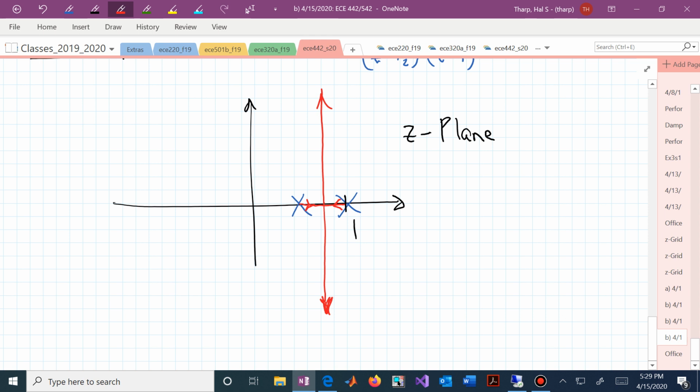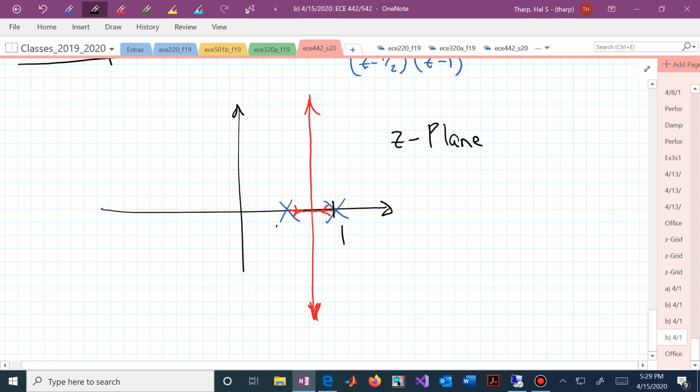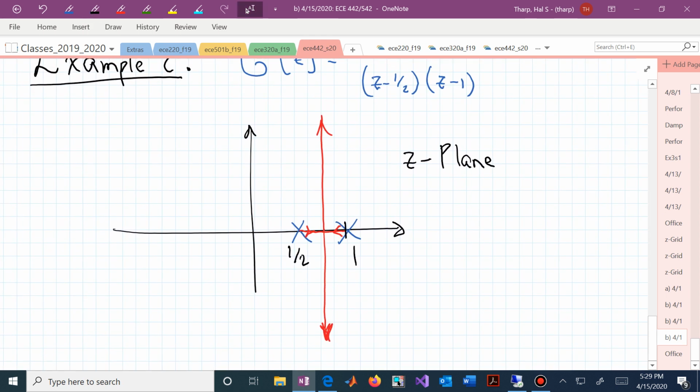Those now go off at plus and minus 90 degrees, and because these poles were at 1/2 and 1, we now know that they come together halfway between those two, and we can use that information now to determine what it's going to take to get us to that particular point.